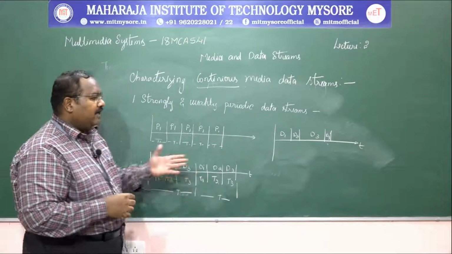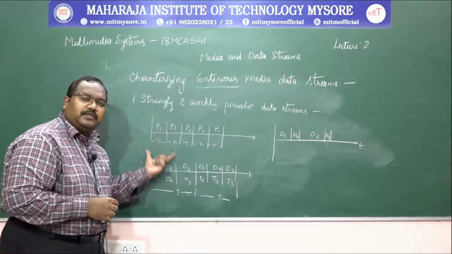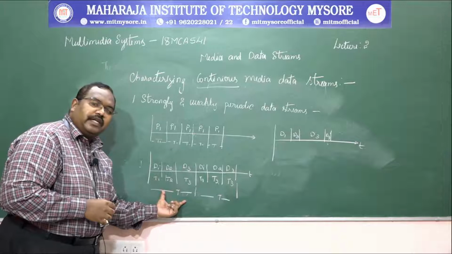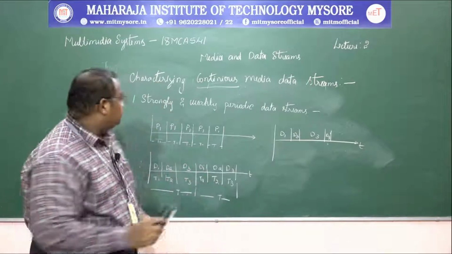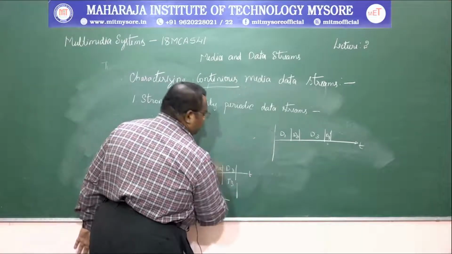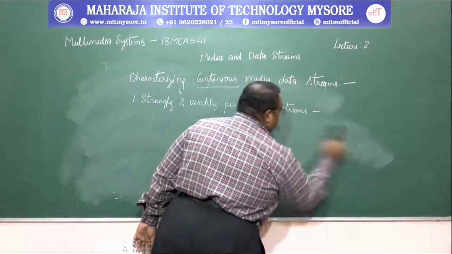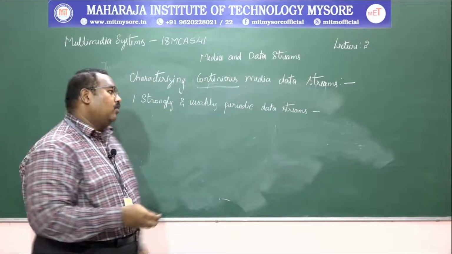So these are the different diagrams representing strongly periodic data streams, weakly periodic data streams and aperiodic data streams. The second one is the variation of data volume.